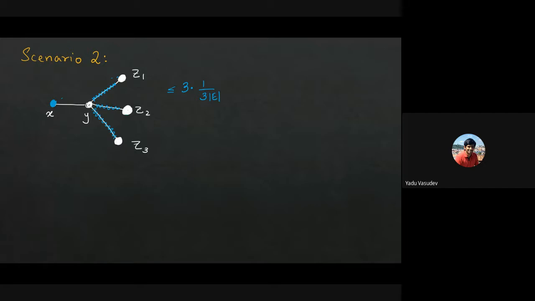So this probability is at most 1 over e, that this is the probability for d_{t+1} increasing, correct?